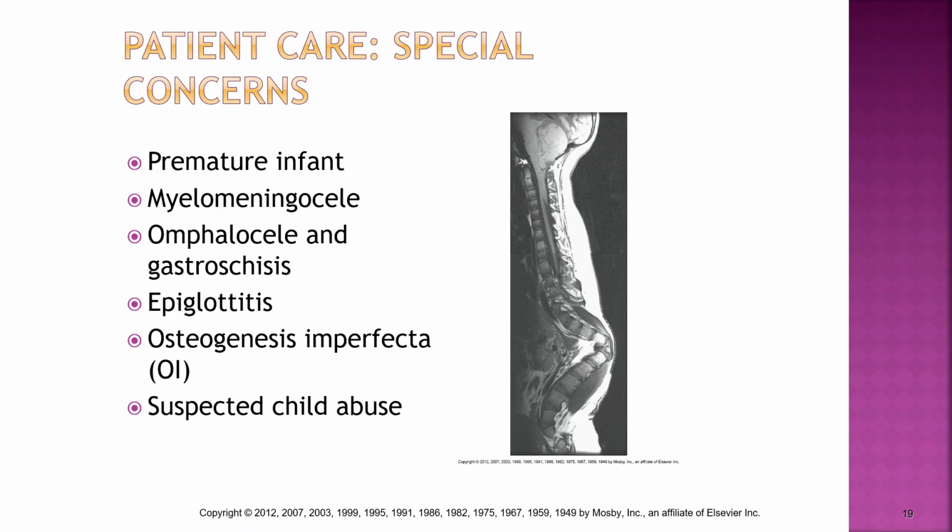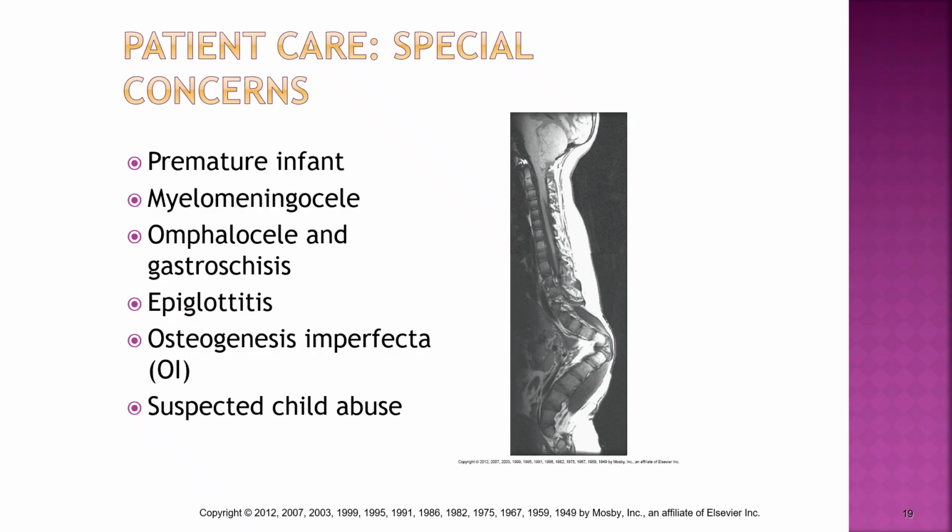Omphalocele and gastroschisis. Omphalocele is other intestinal organs. Gastroschisis is the stomach in particular. And the problem is they are forming those organs outside of their peritoneal cavity and outside of their anterior abdominal wall. Okay?